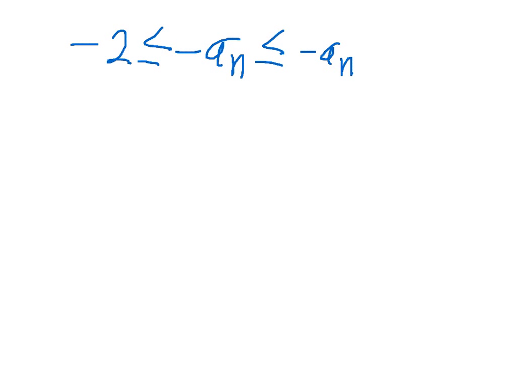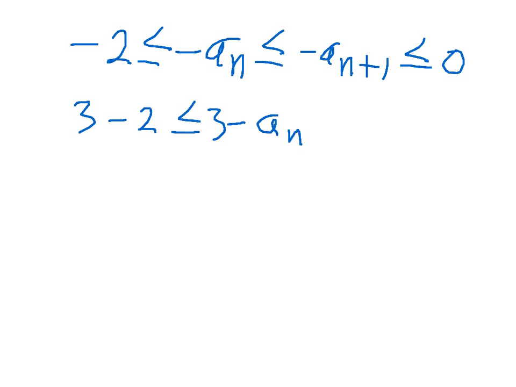So we'll begin by multiplying that inequality we just had by -1. Now you'll recall from pre-calc, hopefully, that flips the order of your inequalities. Now add 3. What I'm doing here is backing into the definition of A sub n, and what I'm going to back into is exactly what I want.